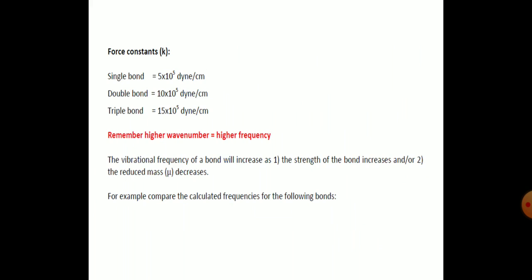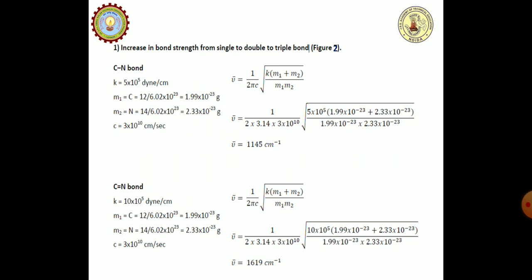The vibrational frequency of a bond will increase when the strength of the bond increases, as already discussed. The same when the reduced mass is decreased, since the reduced mass is inversely proportional to the vibrational frequency. For example, we will discuss the increase in bond strength from single bond to double bond to triple bond.